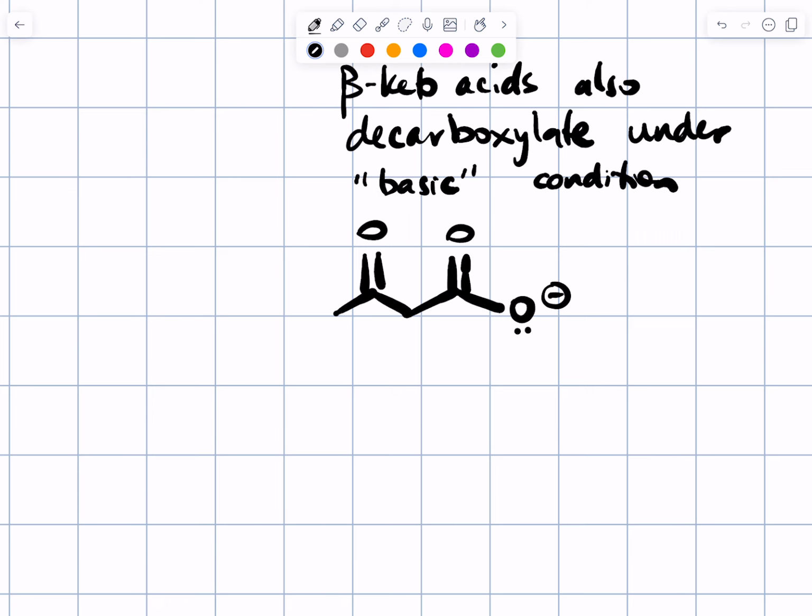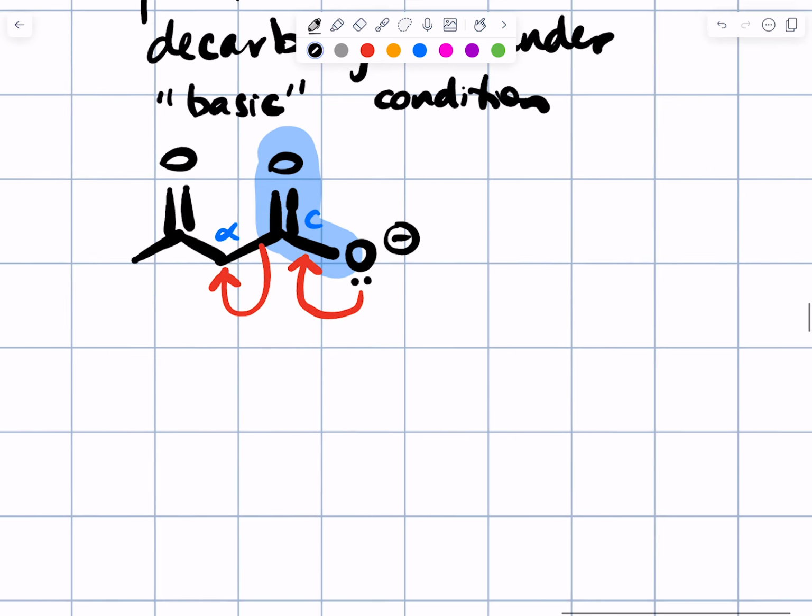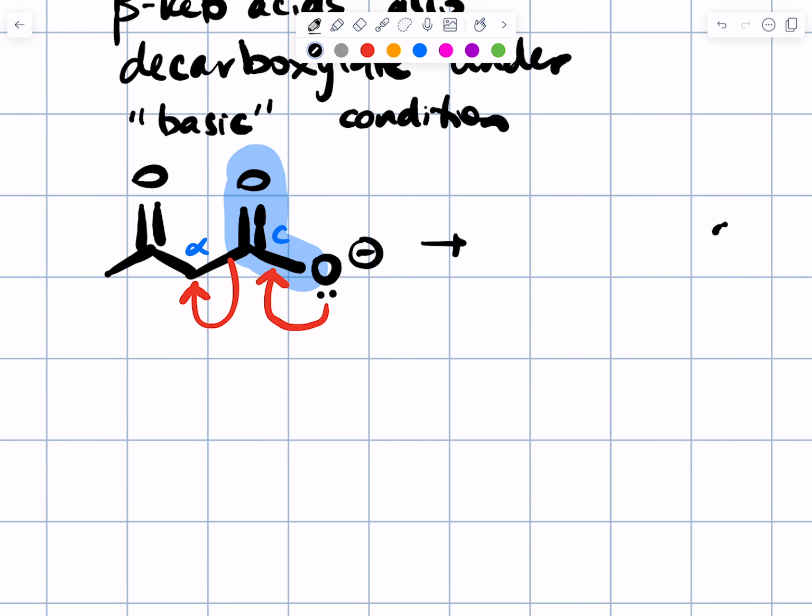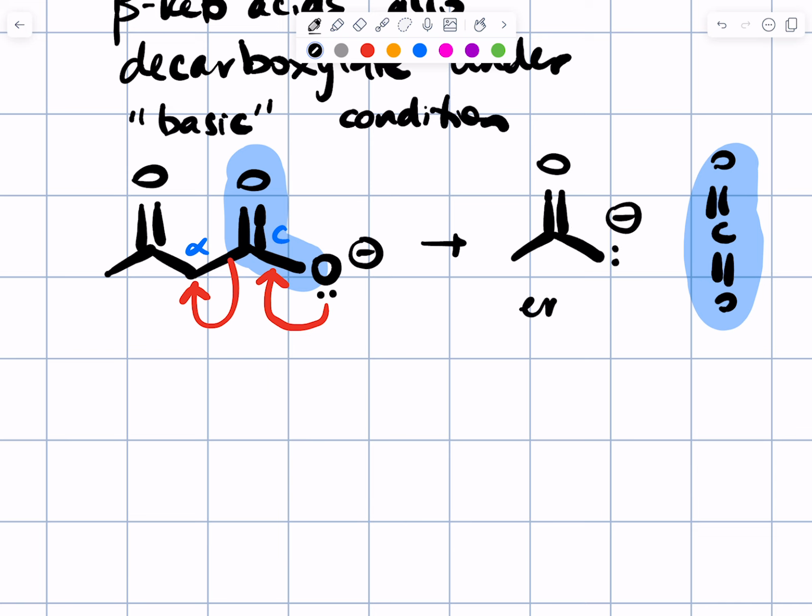What can happen here is that the negatively charged oxygen kicks down to make the new carbon-oxygen pi bond, and then the bond between the carbonyl carbon and the alpha carbon breaks, and electrons move onto the alpha carbon as a negative charge. You'll get CO2, again, bubbling off, and then what's left behind is not an enol now, but an enolate.